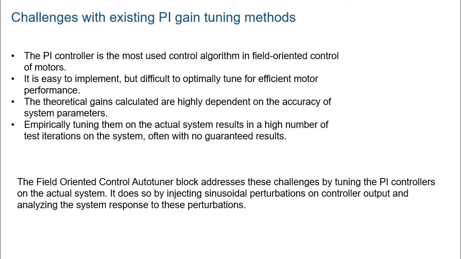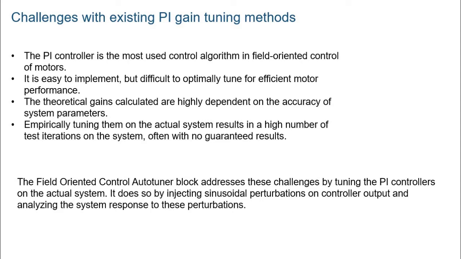This example proposes another way of tuning PI controller, which makes use of the field-oriented control auto-tuner block. This library block can tune controllers on actual motor hardware setup while the motor is spinning in closed loop in steady state. The FOC auto tuner computes the PI controller gains in two steps.